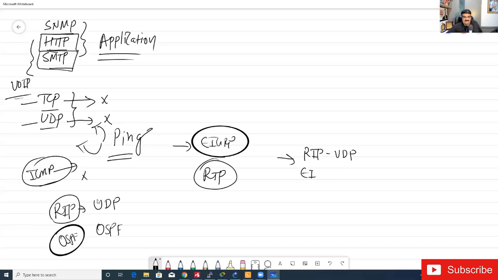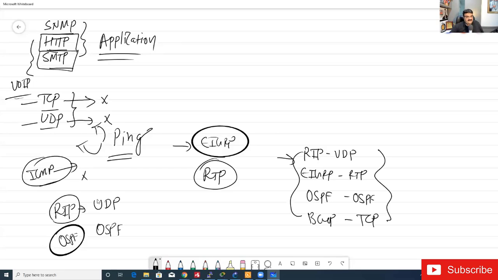EIGRP is using RTP as a transport layer protocol. OSPF has OSPF as a transport layer protocol, the same name. And we have BGP. BGP is using TCP as a transport layer protocol.